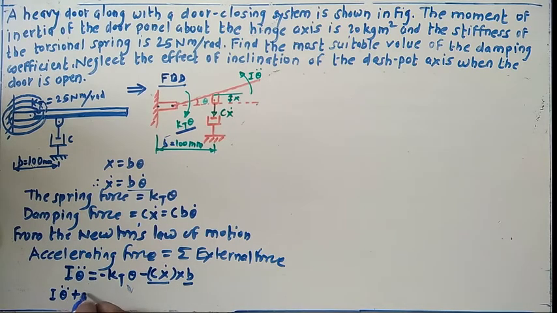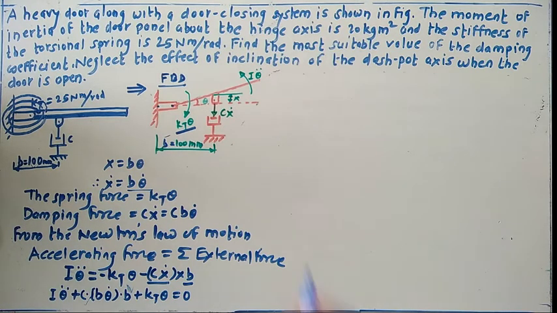Okay, so c x single dot means b into theta single dot, again multiplied by this one b term. Okay, now this is about this term, so take this term also towards the left side, so the equation will be modified like this.